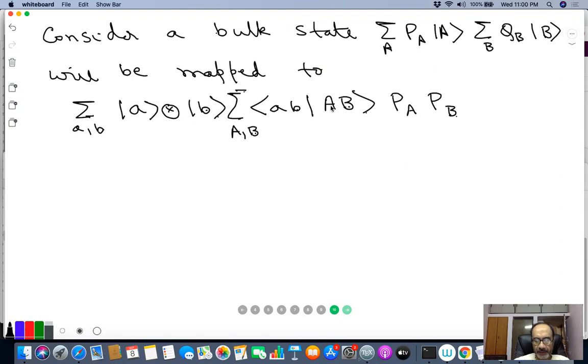Since the bulk state is P_A P_B times AB, you take the inner product with a basis vector in the boundary, and then multiply by the same basis vector. That's the way we construct the boundary state.